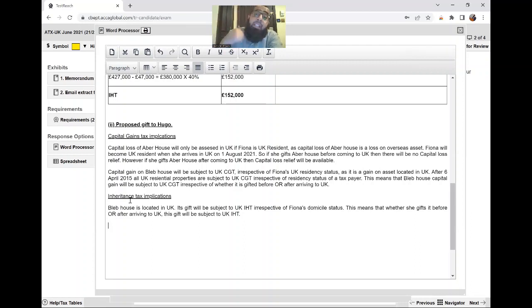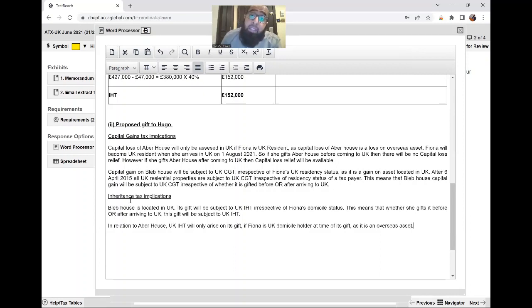Okay, but if the asset is located overseas, in that case, we need to be a UK domicile holder. In relation to Aber House, UK IHT will only arise on its gift if Fiona is a UK domicile holder at time of its gift, as it is an overseas asset.